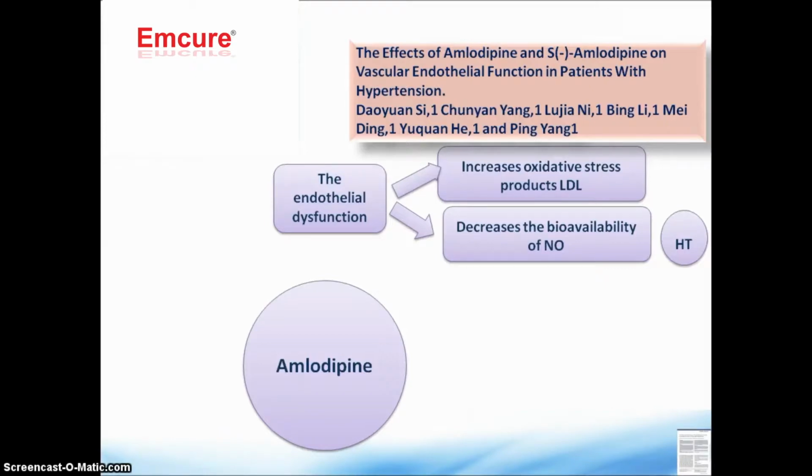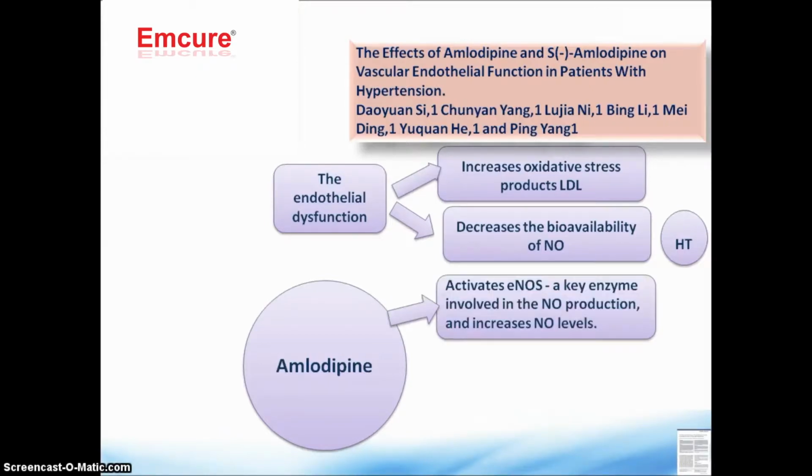Then what does amlodipine per se do? Amlodipine activates eNOS. eNOS is a key enzyme involved in nitric oxide production, and it increases the levels of nitric oxide. NO stands for nitric oxide. eNOS is an enzyme, endothelial nitric oxide synthase.